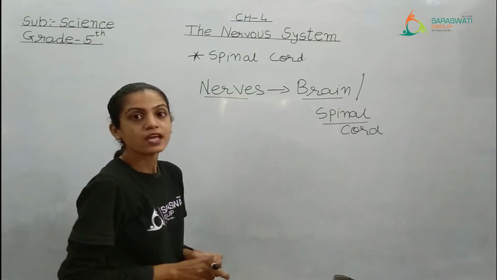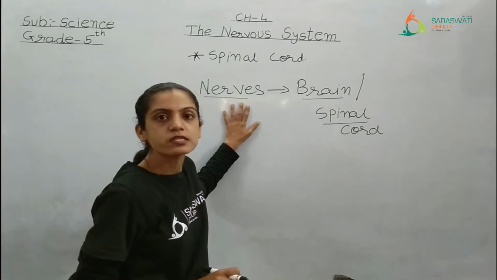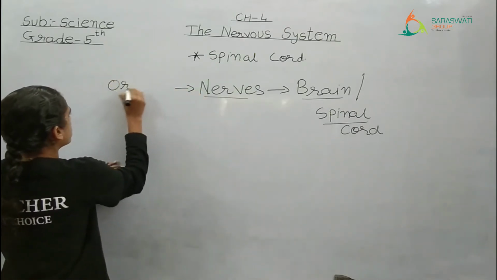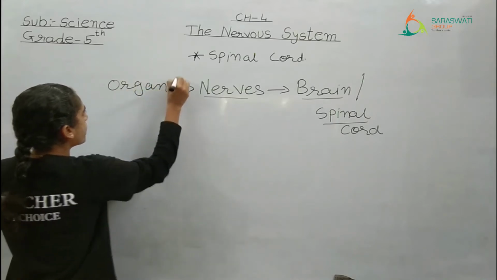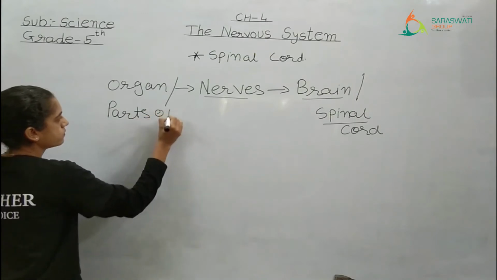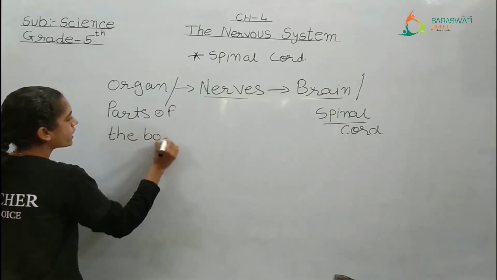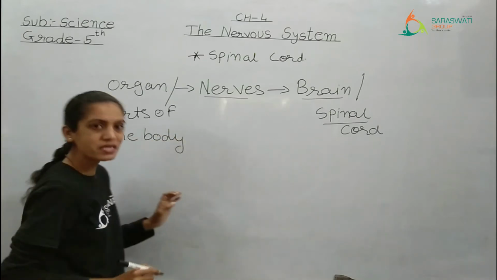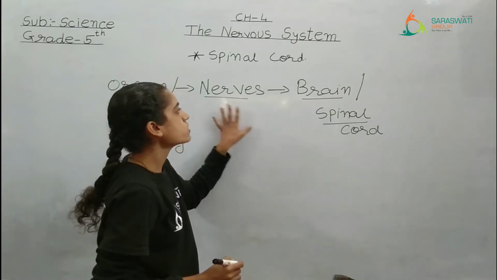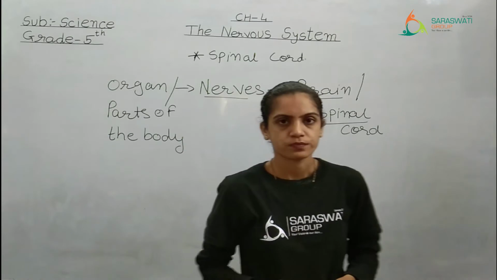But where do nerves get the message from? Nerves get the message from organs, or you can say parts of the body. Different parts of the body pass the message to the nerves, and then these nerves pass the message to the brain and spinal cord.